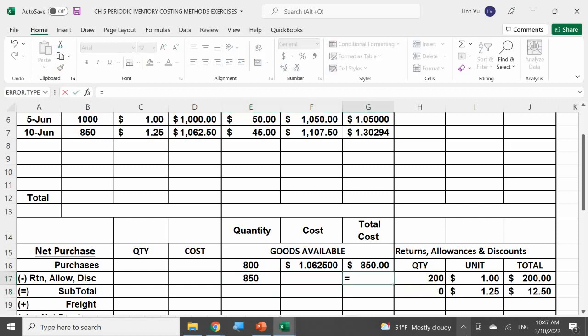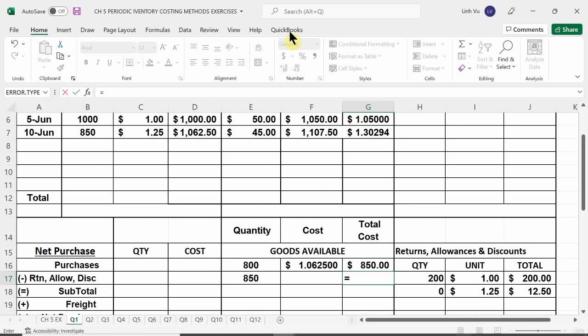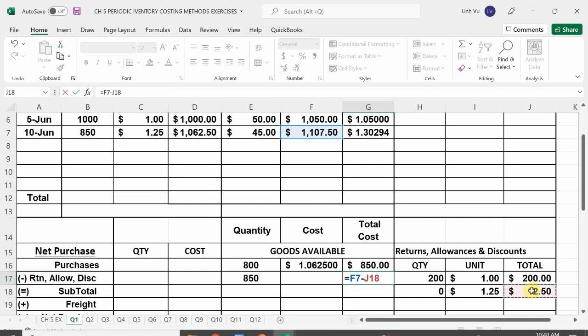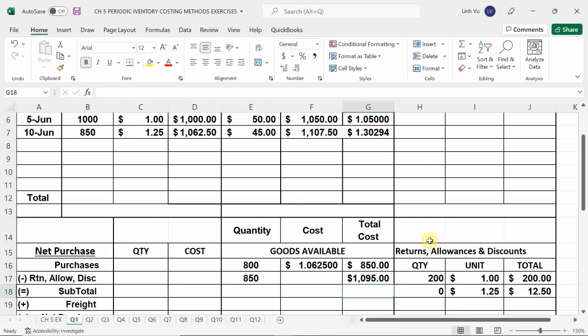However, I did end up getting a portion of the money back because they were discounted. So 50 of those items were discounted. They weren't even $1.25. So I have to adjust my total cost, because I originally had $11.0750, but I got $12.50 back. So now I'm down to $10.95 even.